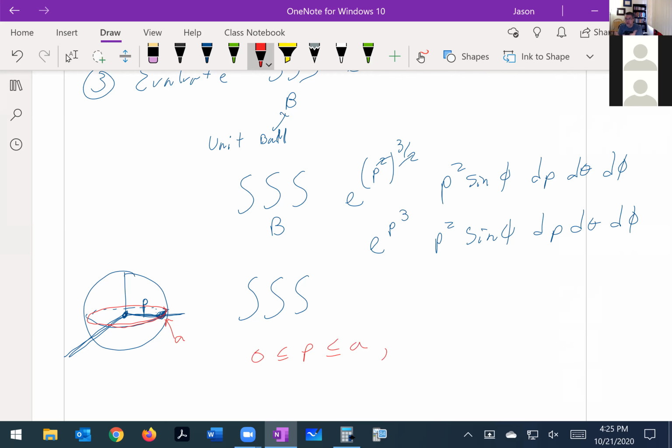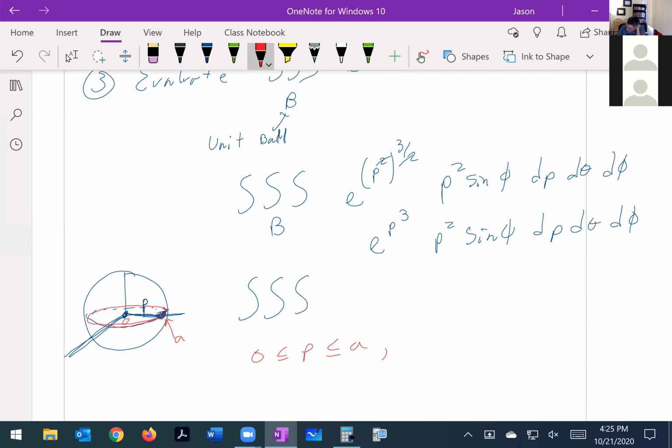I don't just want the surface. A sphere is the surface. A ball is everything included. Think of a baseball. You're not just hitting the surface of that baseball, you're hitting the whole ball. And so rho goes from 0 to A.